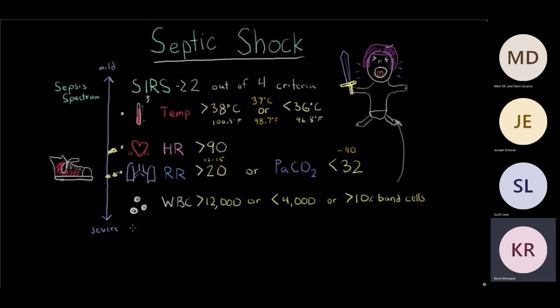Next on the spectrum is the category sepsis. So sepsis is just SIRS, the systemic inflammatory response syndrome, with a confirmed infection. And sepsis is considered more severe if a patient is showing symptoms of organ problems, organ damage, or organ dysfunction.